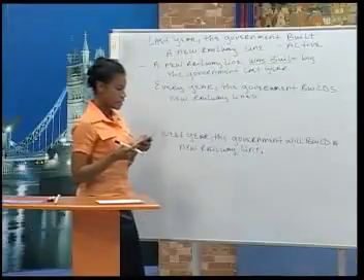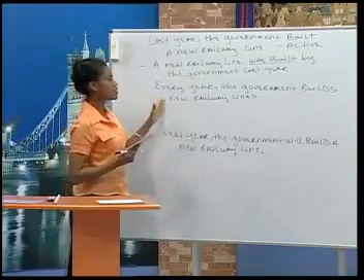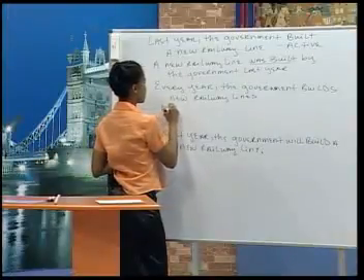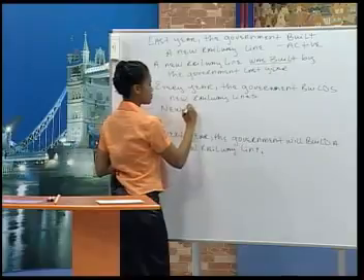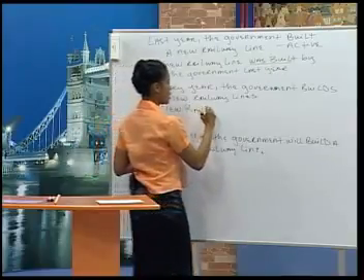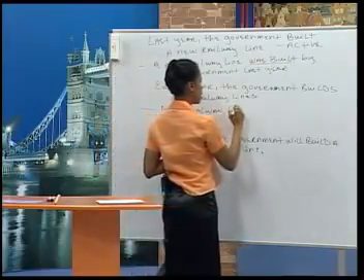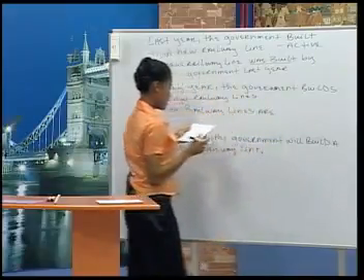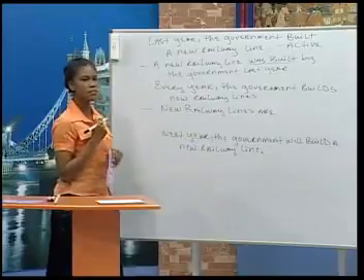All right. And what is the object of our sentence? New railway lines. Okay, so we need to start with the object to make the passive sentence. New railway lines are. Do we need a past participle?